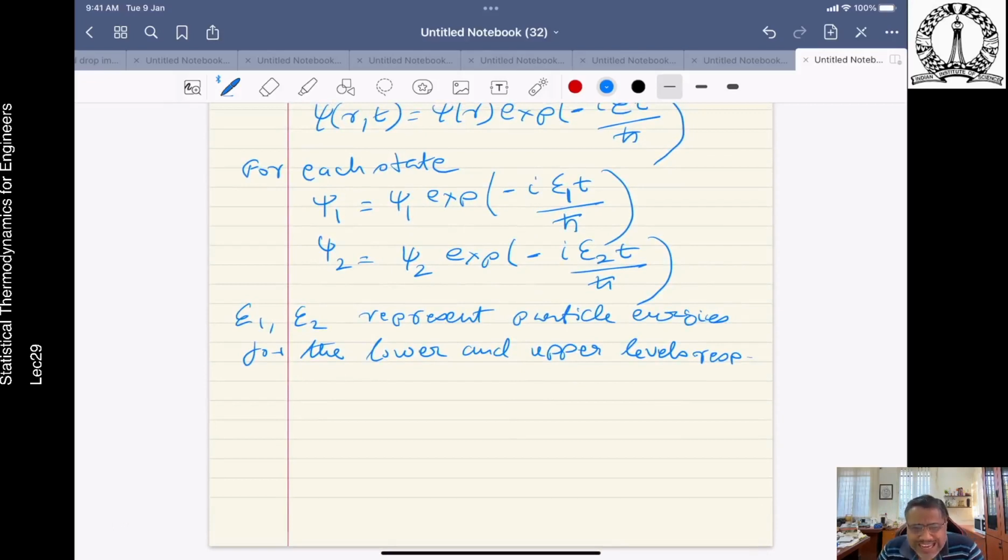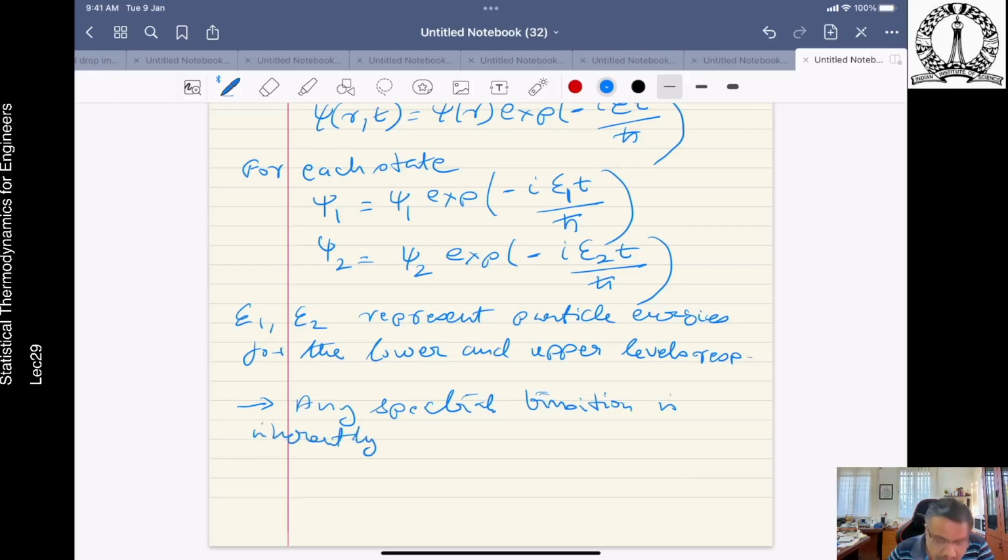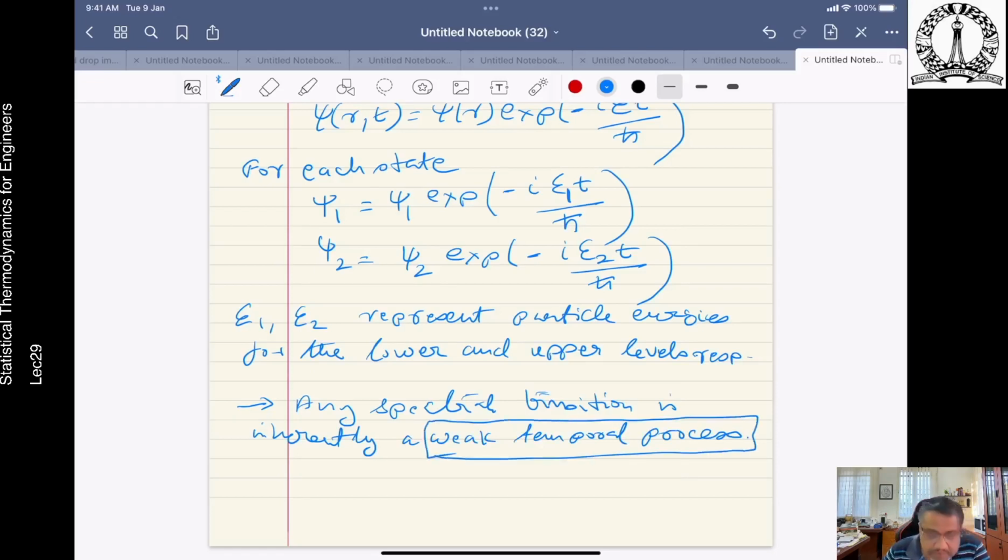Now, here comes a key piece of assumption. We assume that any spectral transition is inherently a weak temporal process. Understand the word weak temporal process.